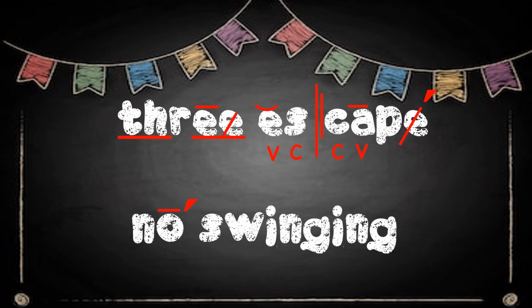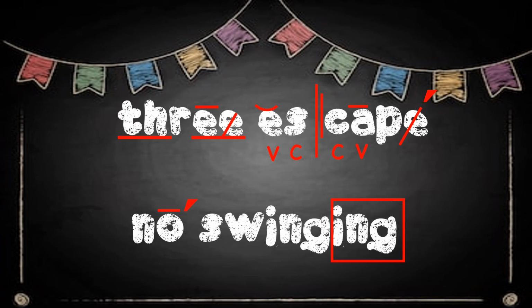Now let's look at our next word. Might be a little tricky here, but at the very end of the word, I see suffix ing. I know that suffix ing adds a syllable to a word.